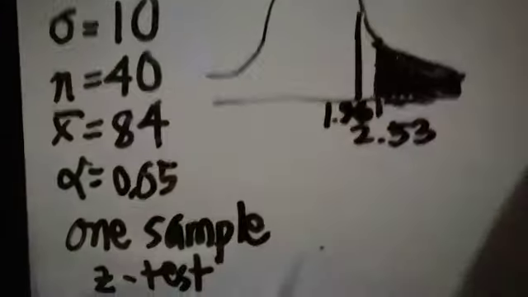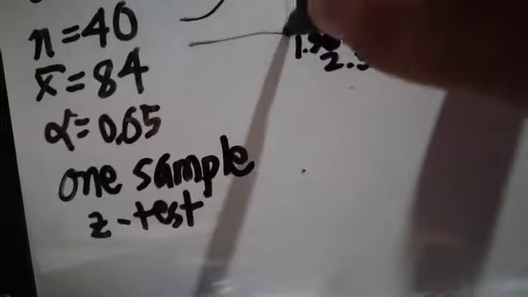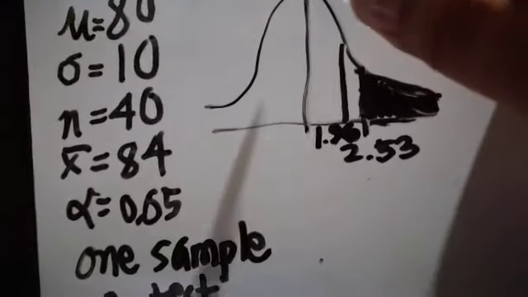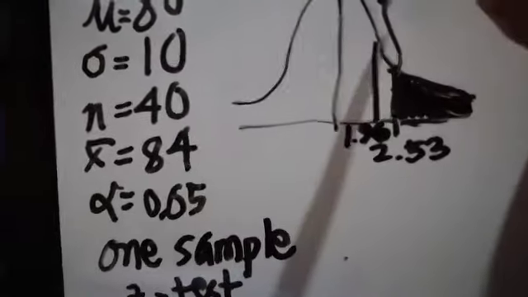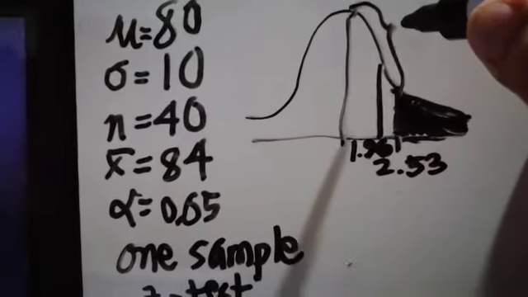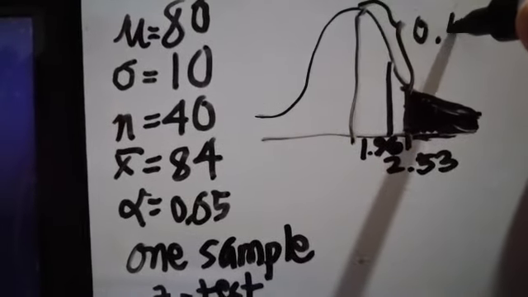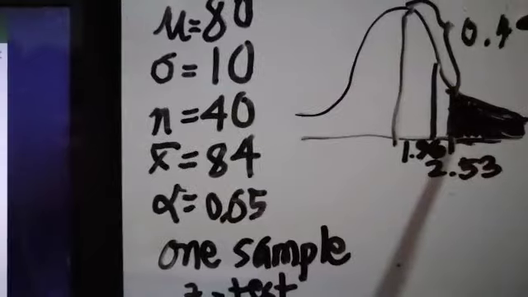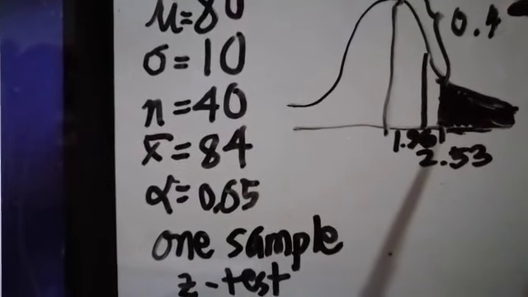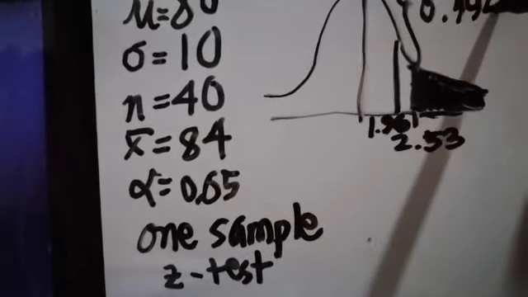Ito. So, sulat natin dito. The area from 0 to 2.53 is 0.4943.